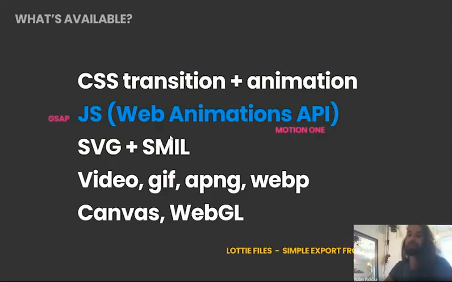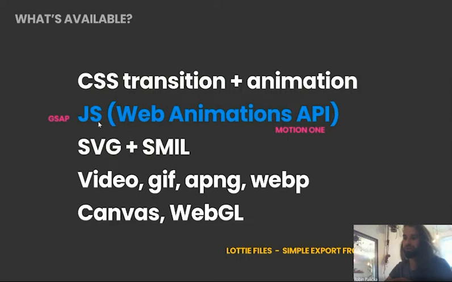Yeah, we didn't talk about JavaScript and the Web Animations API. Just for an idea, if we're talking about animation with JavaScript, there could be GSAP. And if we are talking about the Web Animations API, there is a tiny library called Motion One, which uses that Web Animations API. The benefit of the Web Animations API is that it runs on a separate thread.